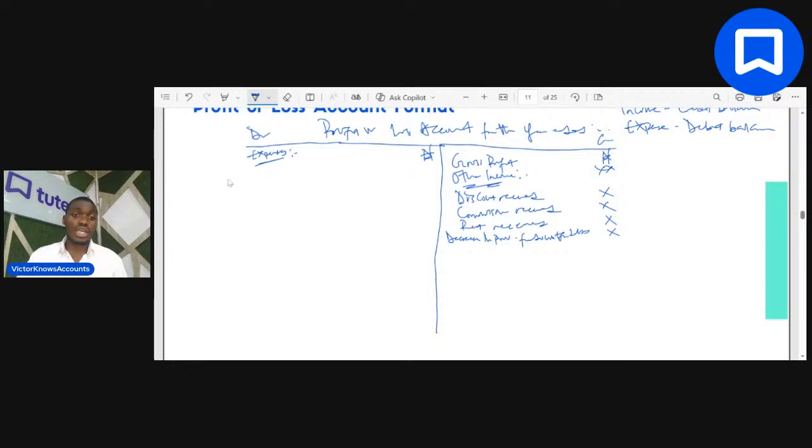All right, so let's start. Give me examples of expenses that you know. We have rent. Let's merge the two of them together: rent and rate. Depreciation.